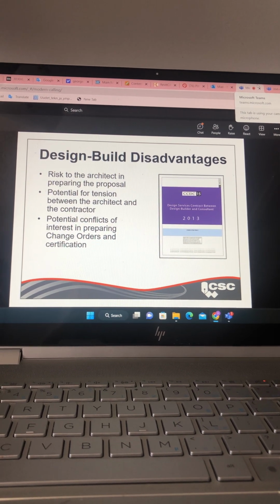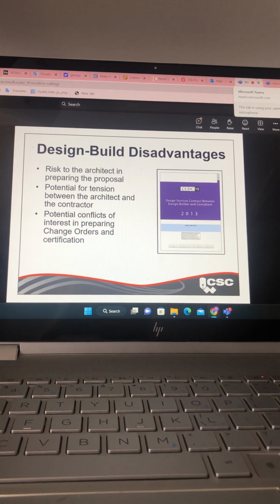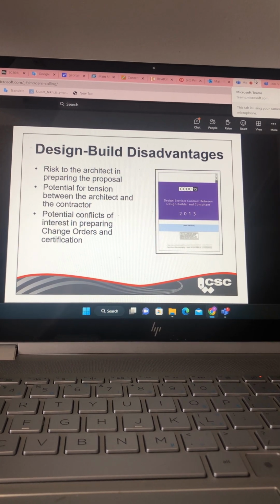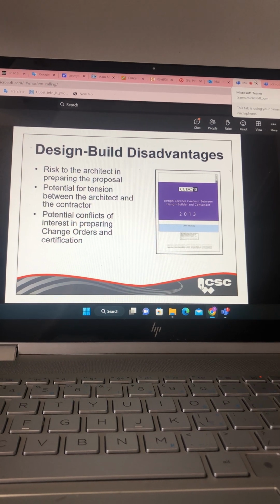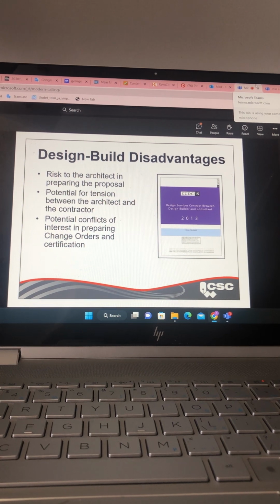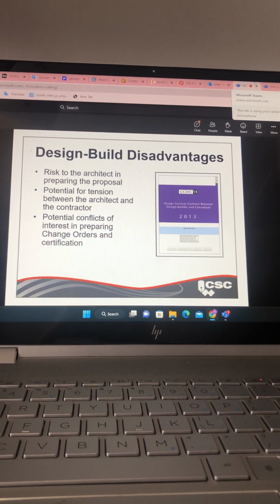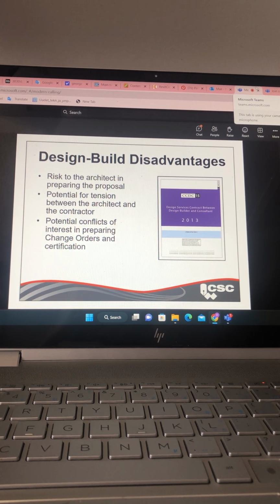Furthermore, there is potential for tension between the architect and the contractor, because you have to understand that the architect or the technologist is a regulated profession, and it's regulated by the province that you're in, for example, in Ontario, the Architects Act. And the contractor's role is, generally speaking, an unregulated profession.